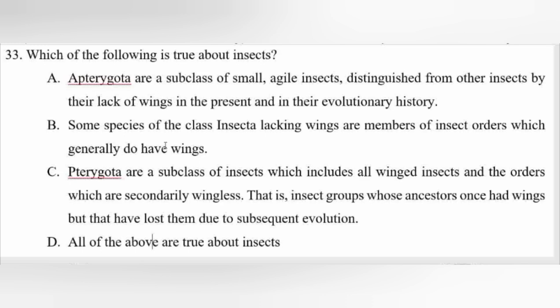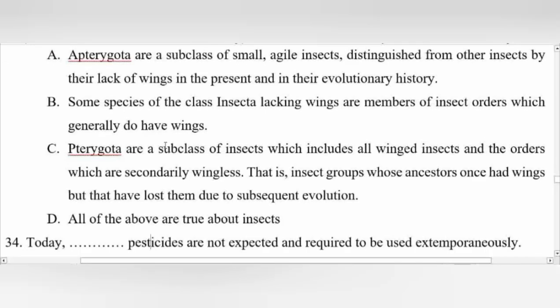Then option B: some species of the class Insecta lacking wings are members of insect orders which generally do have wings. C: Pterygota are a subclass of insects which includes all winged insects and the others which are secondarily wingless.